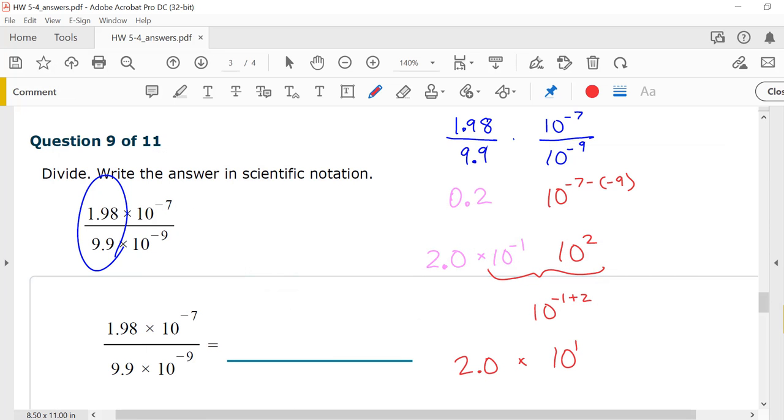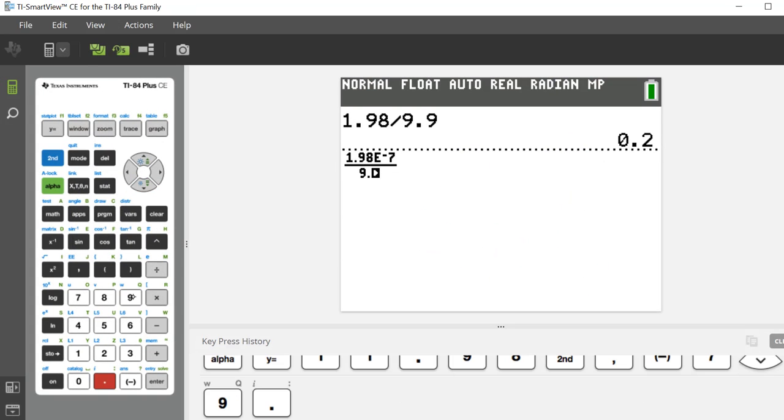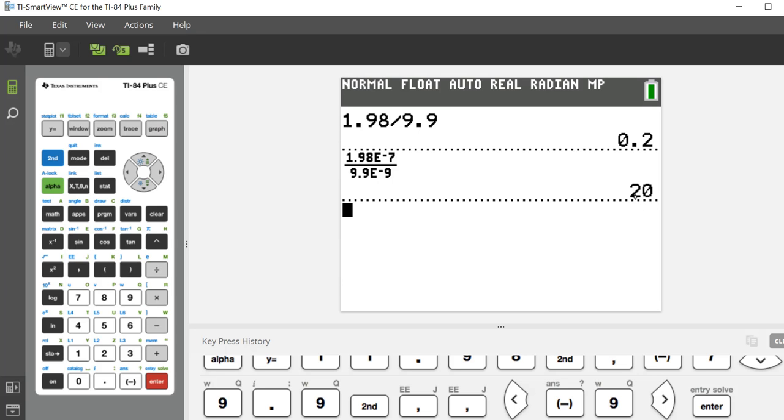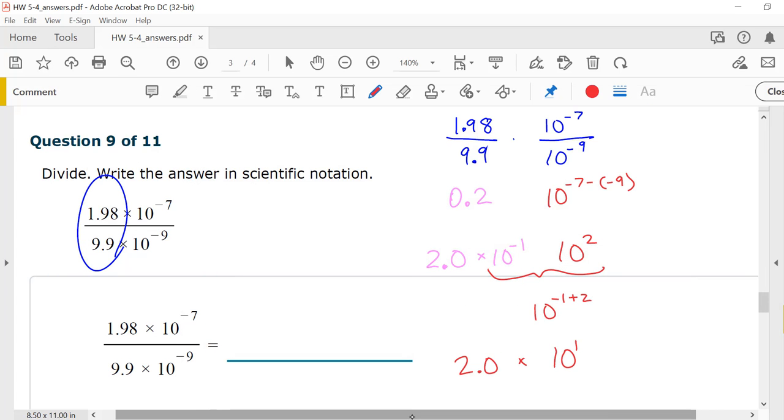In the denominator, I have 9.9 times 10 to the negative 9. Is that right? Yes. My answer is 20. That doesn't give it to you in scientific notation. You've got to know that the number 20 is written as 2.0 times 10 to the 1.